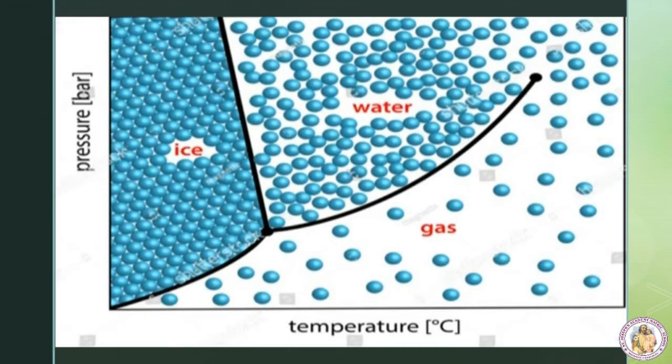Now we are saying 0 Kelvin is the absolute scale. At which temperature will water be in the three states, solid, liquid and gas, all at one particular temperature?